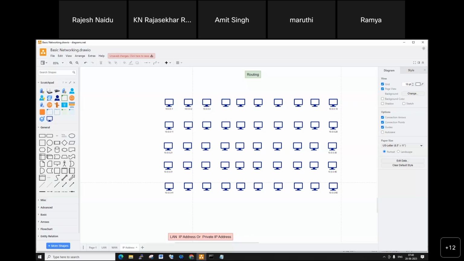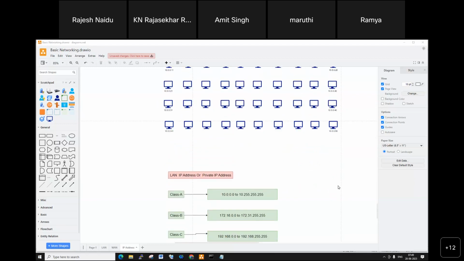The next concept is how a system communicates with another system. When it communicates with another system, there is a routing logic it follows.